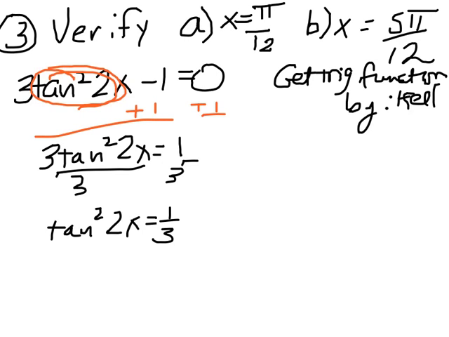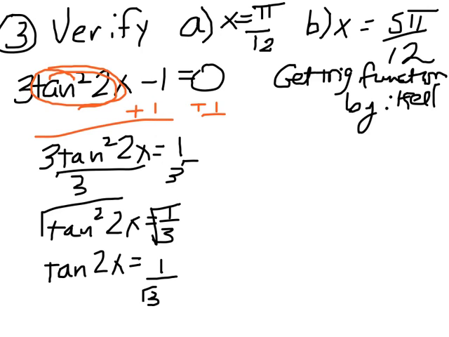Well, I'm going to square root first, right? Because I've got that trig function squared, so we're going to square root both sides. And when we do, we get tangent of 2x is equal, square root of 1 is 1, and on the bottom we have square root of 3. And if I rationalize that, isn't that square root of 3 over 3?